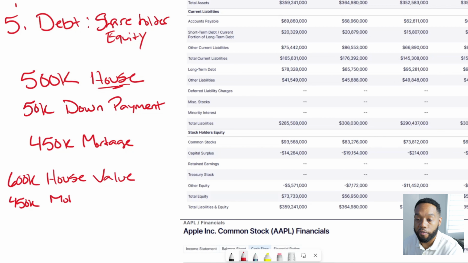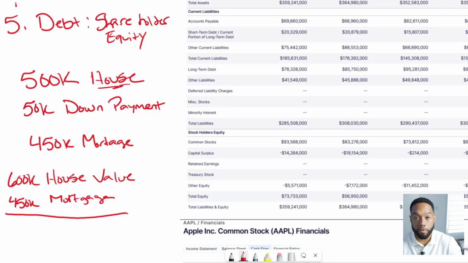Therefore, now instead of $50,000 worth of equity, you have $150,000 worth of equity, because if you sold the home, you could sell it for $600,000 and make $150,000. This same exact concept is the concept that we want to use with our stocks, understanding for the shareholders how much equity does the shareholder own in the company compared to how much liabilities and debt that they have.